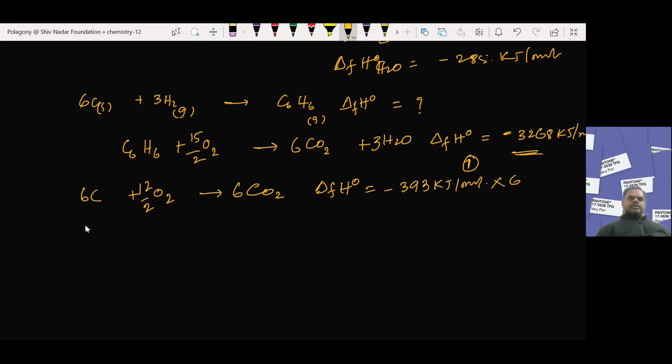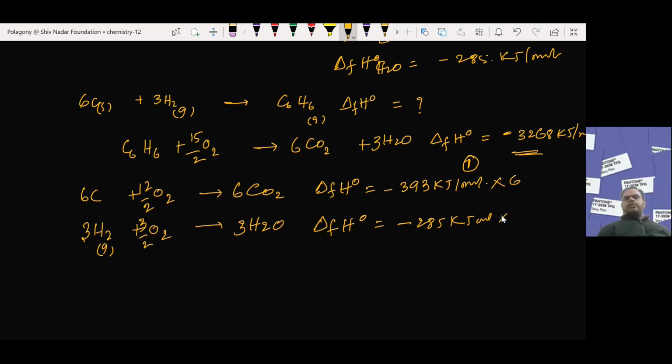Now the second equation is hydrogen combined with oxygen to form water, H2O. But here how many moles are formed? 3 moles of water are formed. Then we should write 3 by 2 of oxygen consumed, and 3H2 gas combined with oxygen. The standard enthalpy of formation for water is minus 285 kilojoules per mole, which is multiplied with 3.